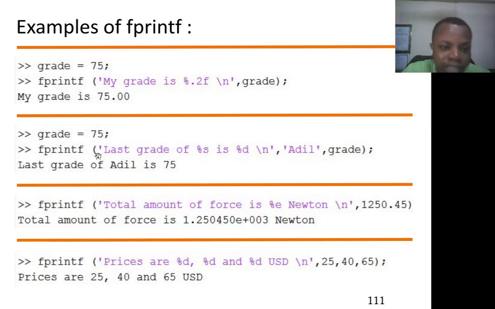Now let's do more on this. Suppose that we also would like to print again, but this time with the preamble "last grade of Adele is 75." You can see that in this case, we would like to introduce a % sign and s.